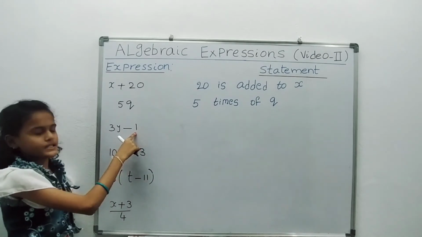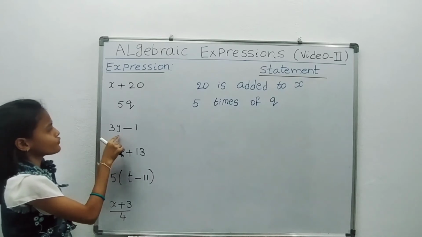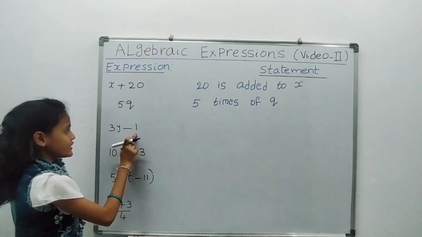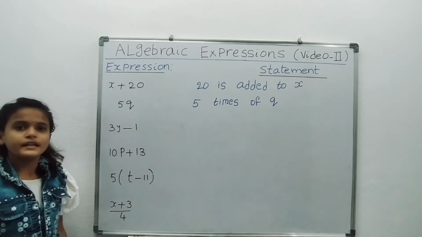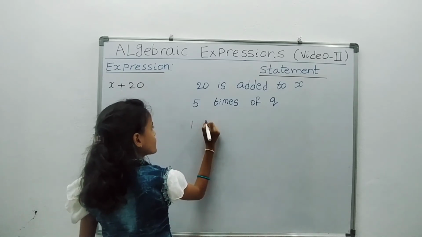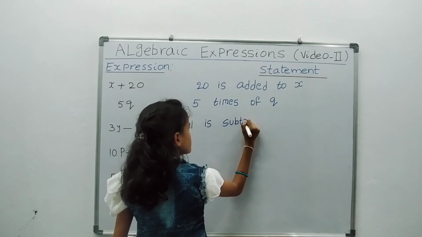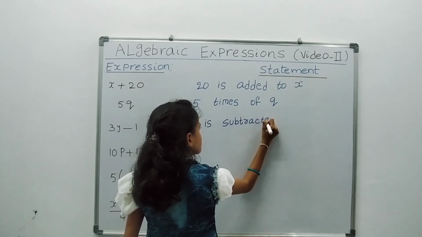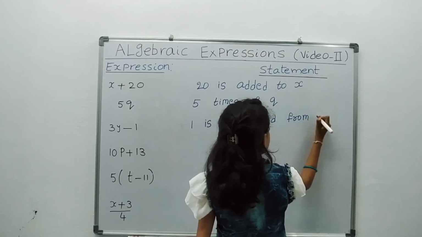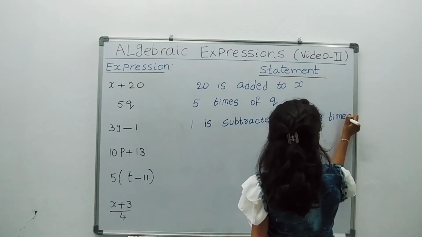See, 1 is subtracted from 3 times of y, or 3 times of y is reduced by 1. Now I will write 1 is subtracted from 3 times of y.